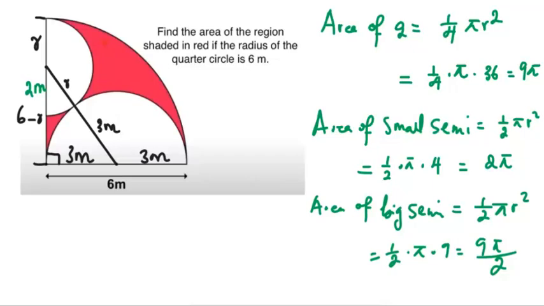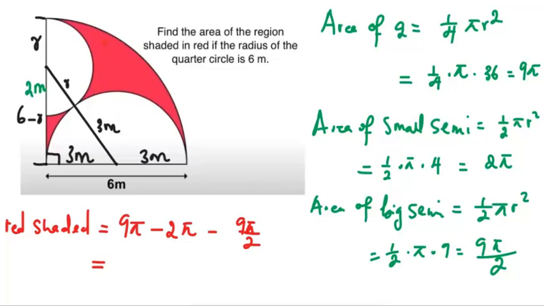So here we can find the area of the red shaded region. The red shaded area will be equal to the area of the quarter circle, which is 9 pi, minus the area of the small semicircle, which is 2 pi, and then minus the area of the big semicircle, which is 9 pi by 2. If we maintain equal denominators, from here we get 18 pi by 2 minus 4 pi by 2 minus 9 pi by 2.